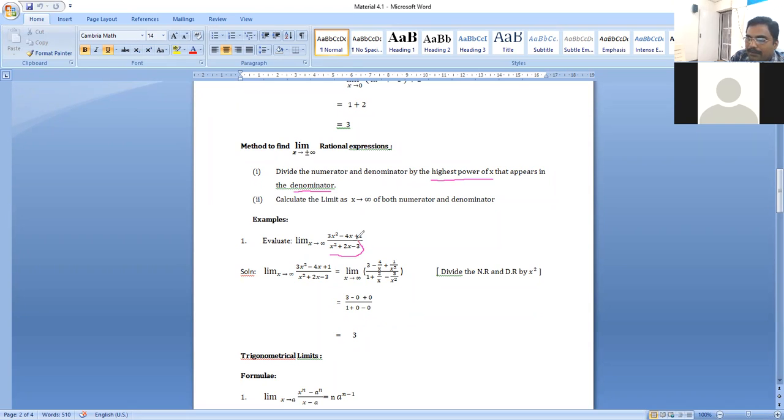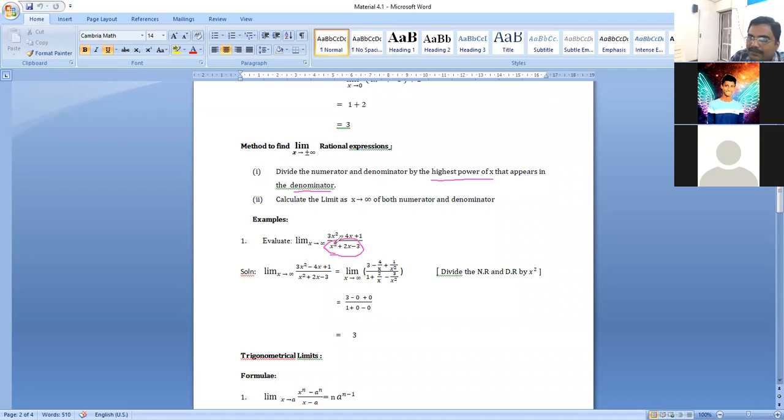So in the denominator, what is the highest power? Highest power means power degree: x square. So you have to divide the numerator and denominator by x square.